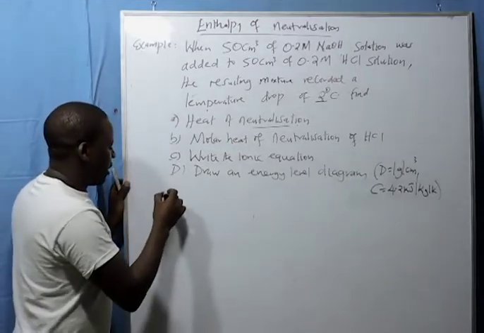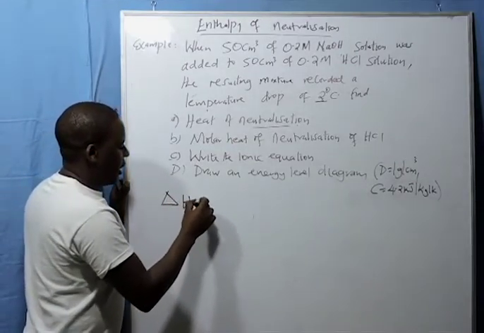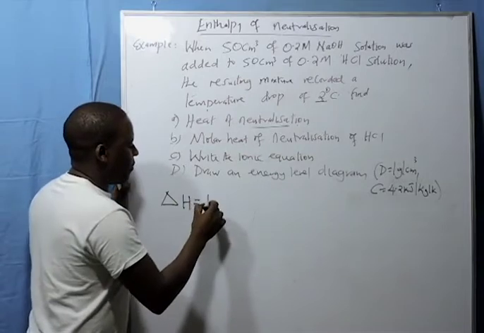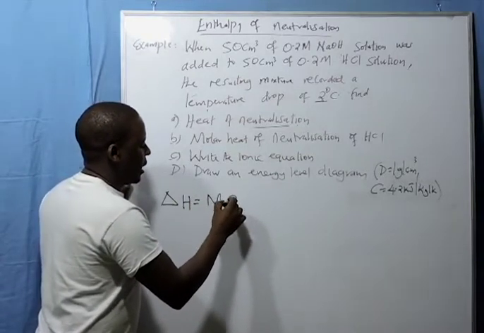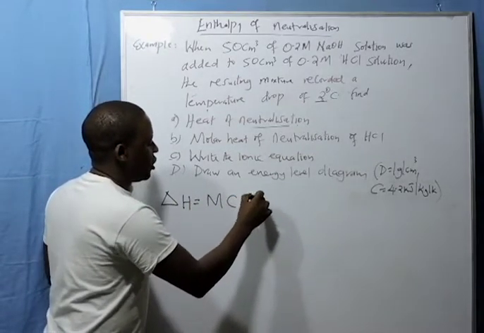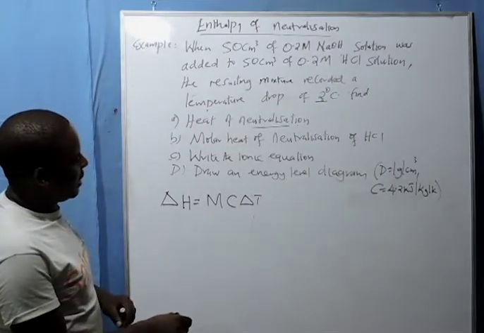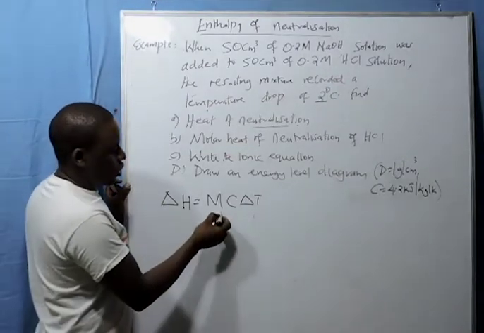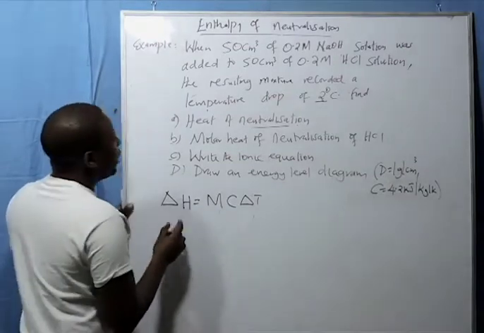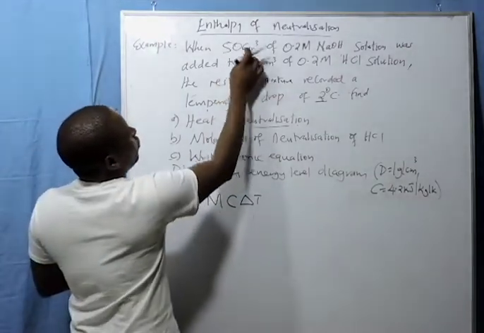So enthalpy change is given by mass times capacity times change in temperature. Our mass here is the mass of the solution. To get the mass, you take the volume of the solution.